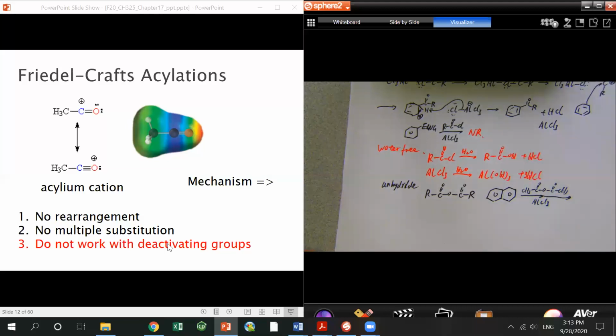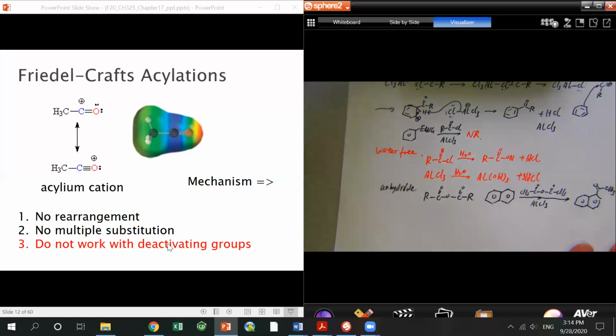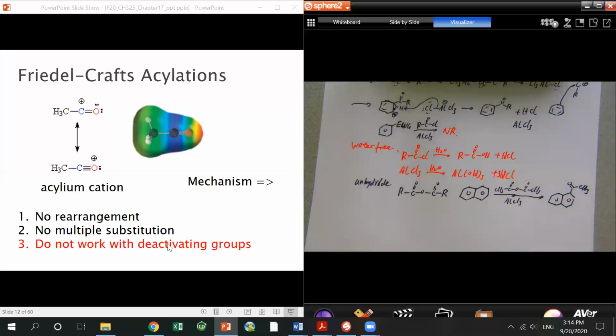So for this reaction, this one is called naphthalene. Later in this chapter we will talk about the substitution reaction of naphthalene. The substitution always happens at these four positions. Once the reaction is done, you add the acetyl group onto this naphthalene.